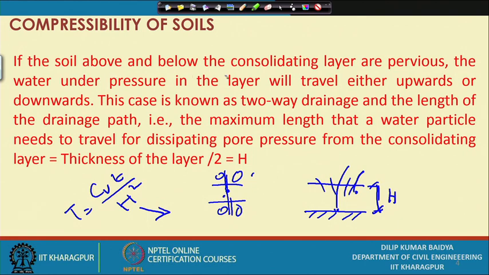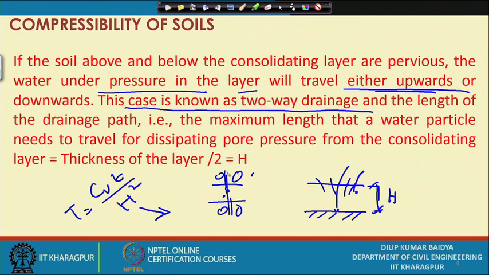If the soils above and below the consolidating layer are pervious, the water under pressure in the layer will travel either upwards or downwards. That means the water is under pressure, and because of that pore pressure is developed. So, the water will travel either upwards or downwards. This case is known as two-way drainage.